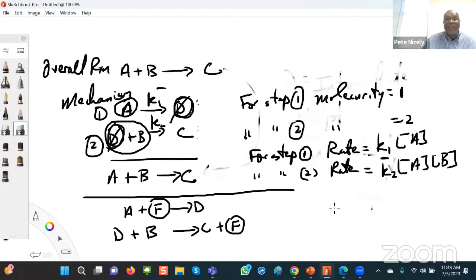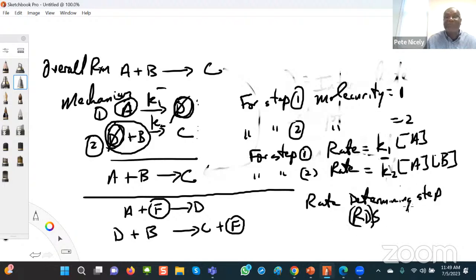Okay, one more thing I want to mention before we take our next break, and that is this whole concept of the rate determining step. The rate determining step of a multi-step mechanism. In most textbooks, they abbreviate it RDS, all right?